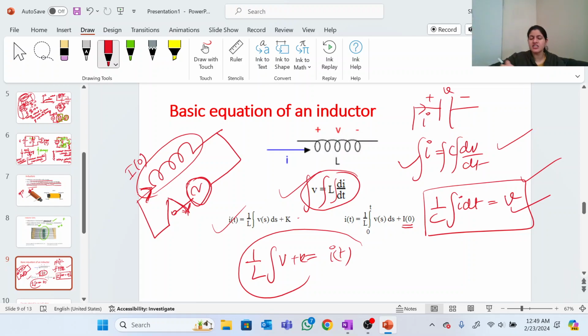Like initially this was closed and then it was turned on, then turned off, and then turned on again. So because of the previous turn on, there exists a certain small amount of current. If this is asked in the question, this value will always be given, that 0.2 ampere was the initial current. Okay, so remember these formulas.